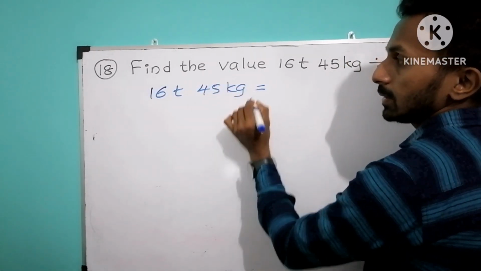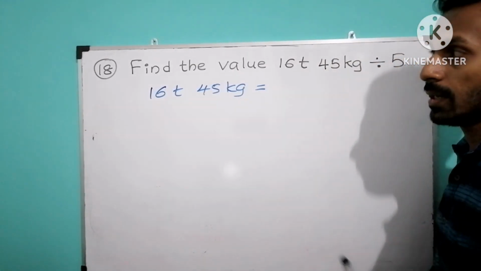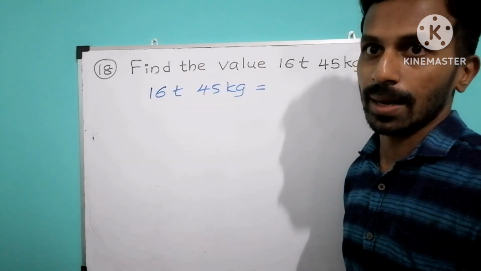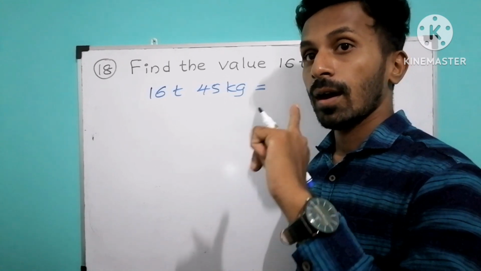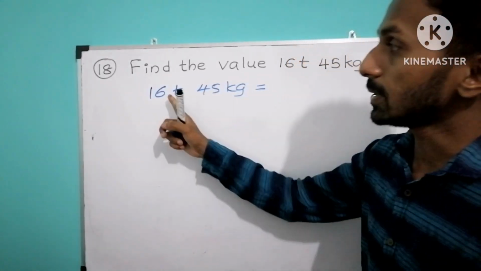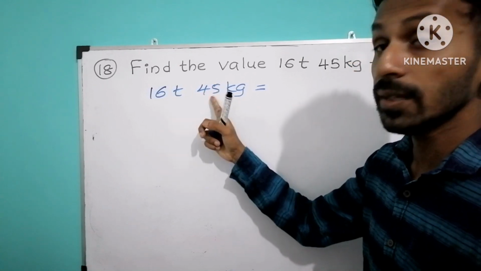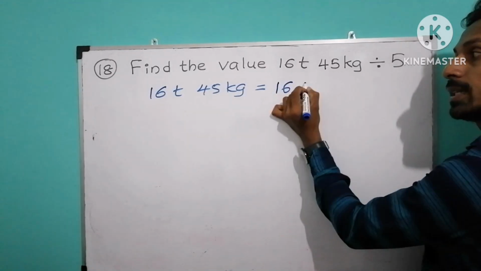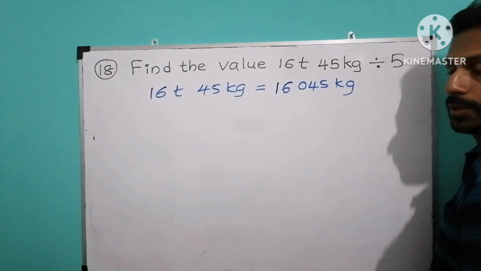I am going to express this mass in kilograms. 16 metric tons means 16,000 kilograms. 1 metric ton is equal to 1000 kilograms. Then 16 metric tons, 16,000 kilograms and another 45 kilograms. Total 16,045 kilograms. Now divide.